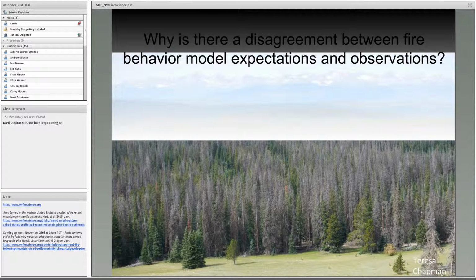So this kind of raises the question, why is there a disagreement between fire behavior model expectations and observations? What we've just seen tends to show that our retrospective observational studies of the effects of mountain pine beetle on wildfire severity and occurrence don't kind of line up with our stand level fire behavior model expectations.